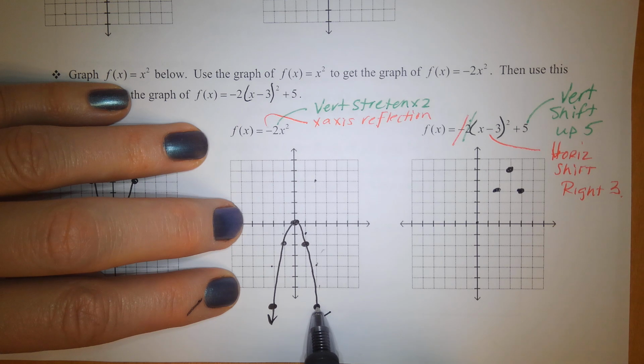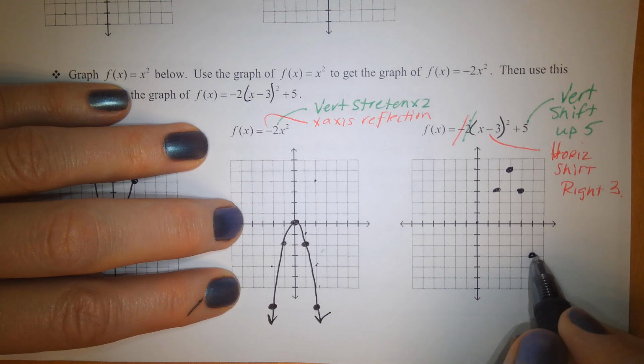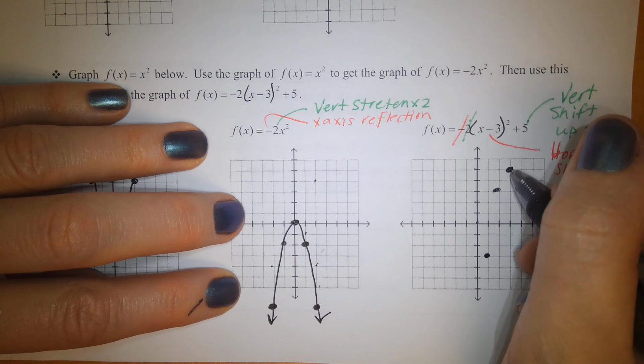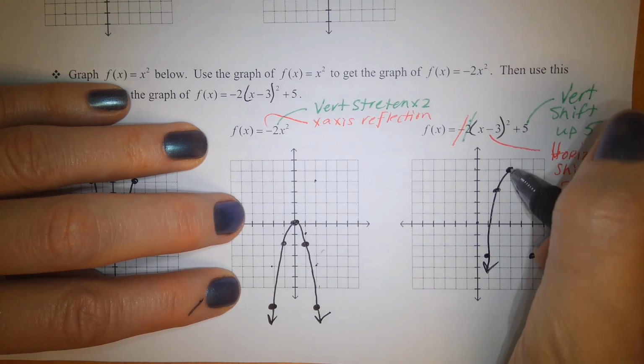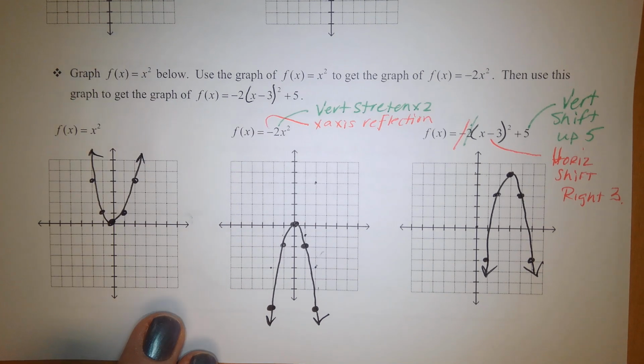This point will also go up 5, right 3. It's pretty interesting how that all comes together.